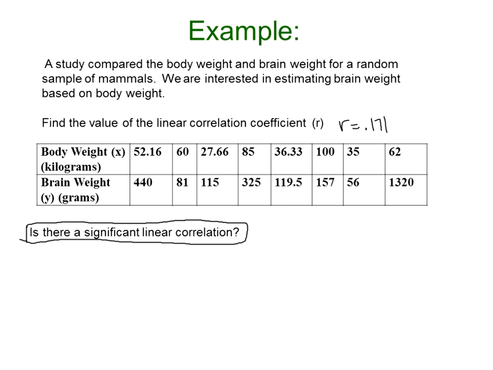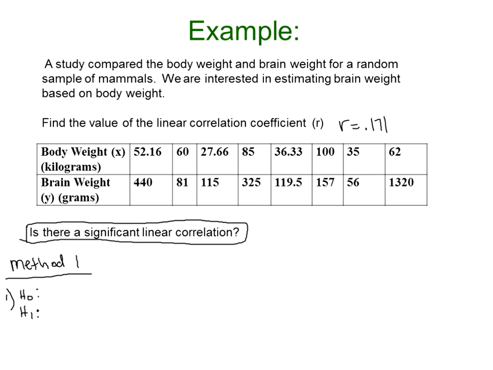Okay, so I'm just going to go through the process so you know what the process looks like. If you're trying to answer the question, is there a significant linear correlation, I am going to use method 1. So I go ahead and set up my null and my alternate. You need to make sure you're showing the steps.